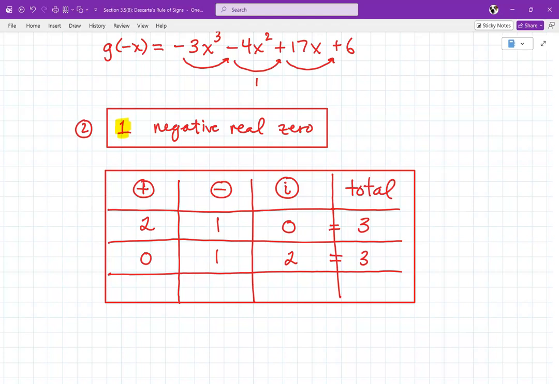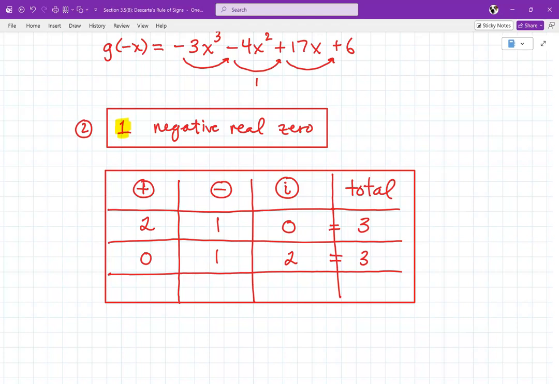So 2 positive, 1 negative, and no imaginaries, that's 3. No positives, 1 negative, 2 imaginaries, that's 3. They have to add up sideways. So all we're doing is sign changes for f of x, sign changes for f of negative x, and then once we know our options, we build this chart and we try to make it fit the total number of answers. So for us, it was 3.